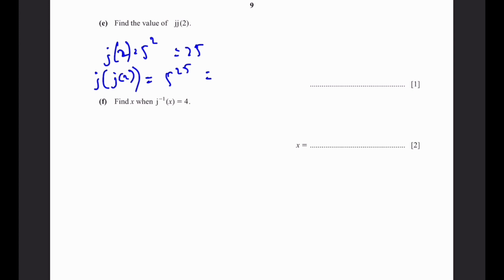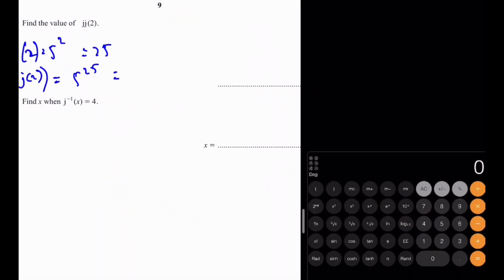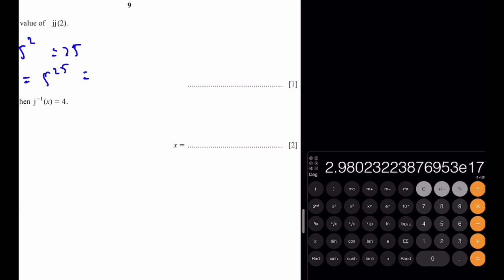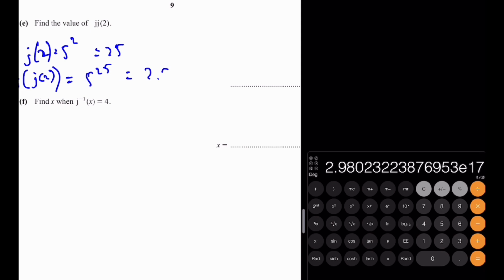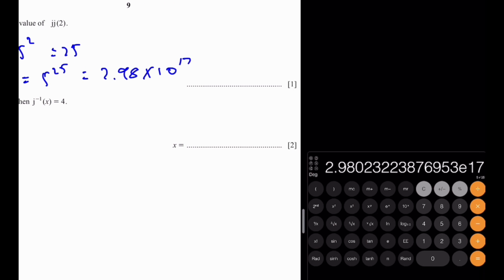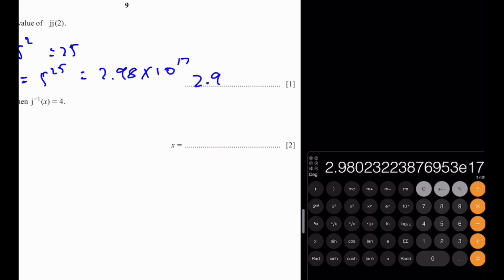I'm just going to calculate it. 5 to the power 25 is a huge number, so you can write it as 2.98 into 10 to the power 17. That's why it's written in the calculator as E17. That's the answer.